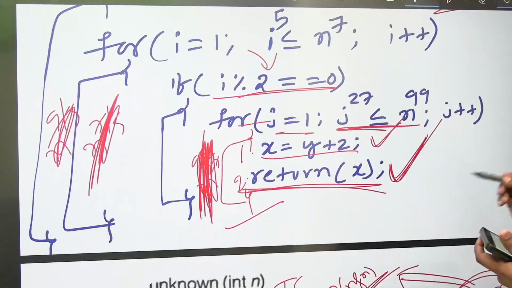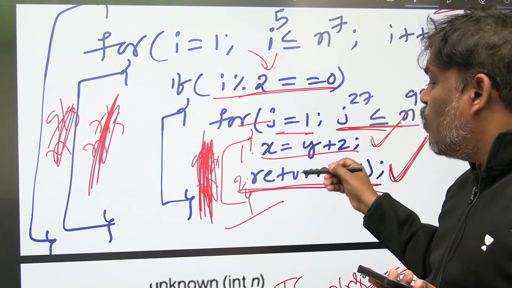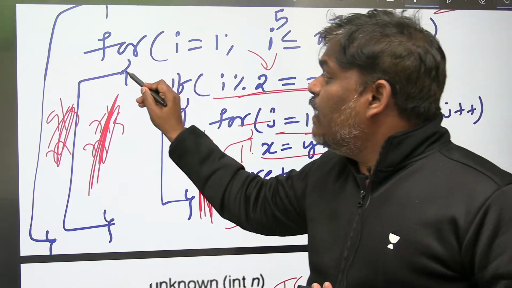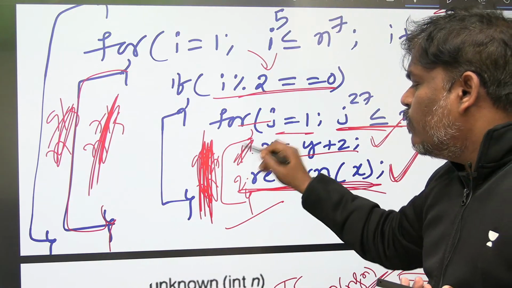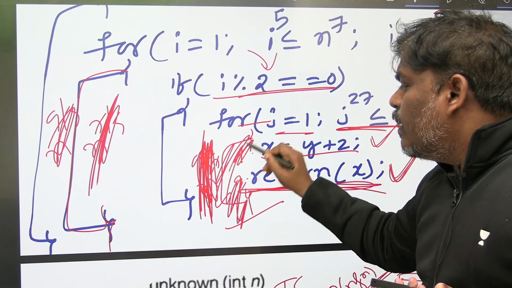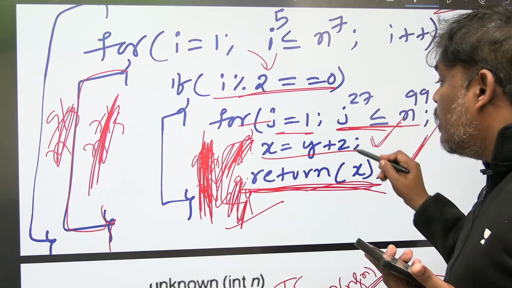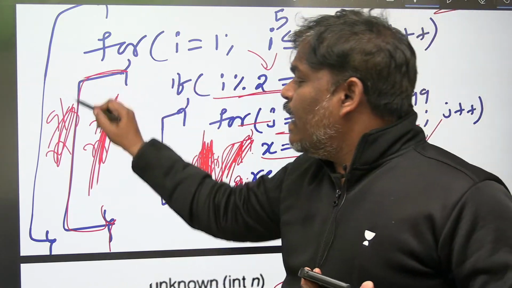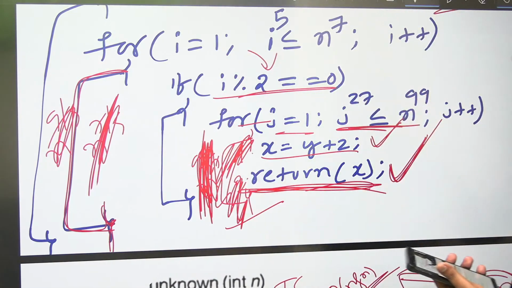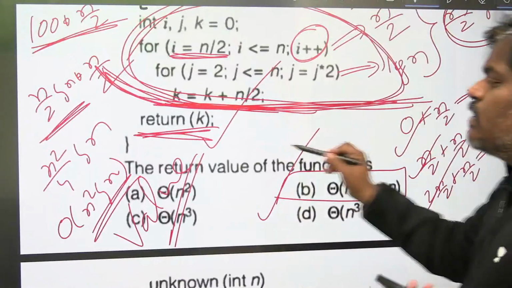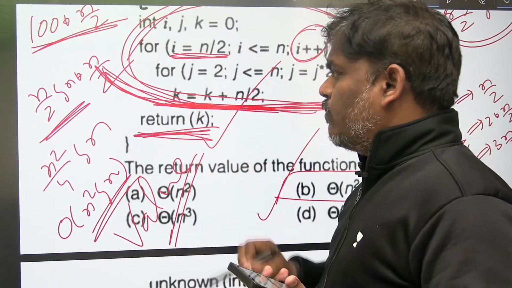Previous problem, listen. In that problem, this return is inside if, not inside j, but inside i. I am repeating once again. Here, if you observe, this return is out of j also, out of i also, so no effect.